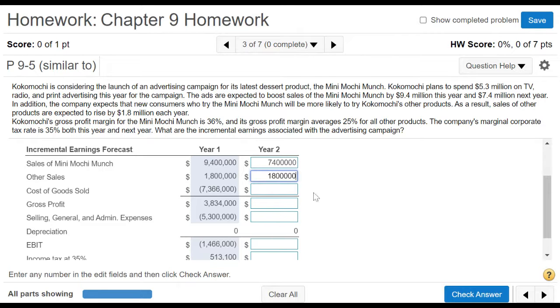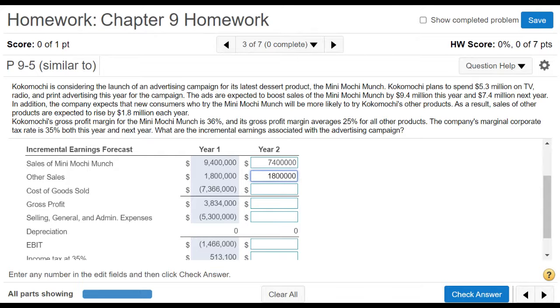Let's do it. 7,400,000. What's 64% of that? Anybody? Let's do it. We know one is 1,350,000. We got that one already.